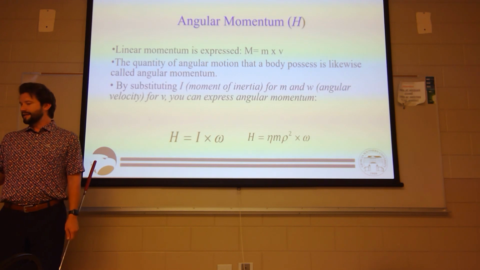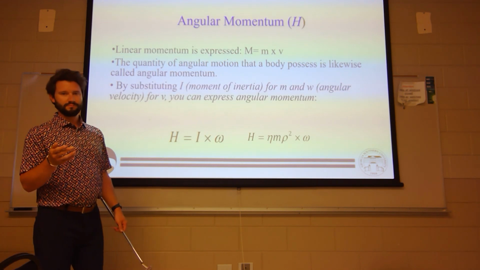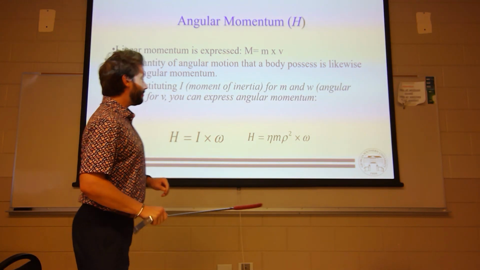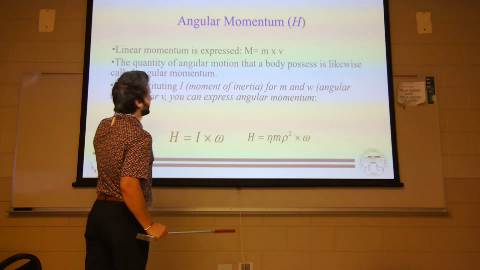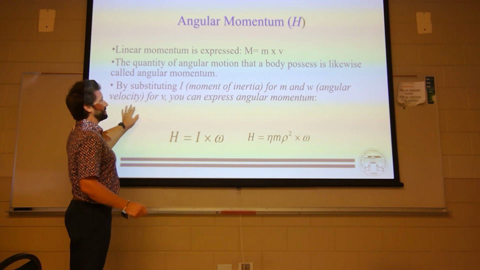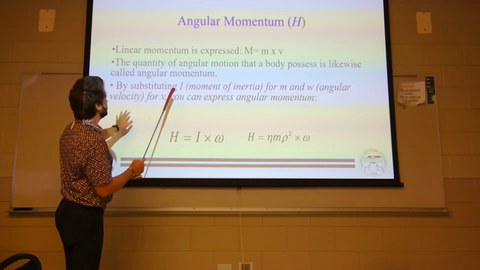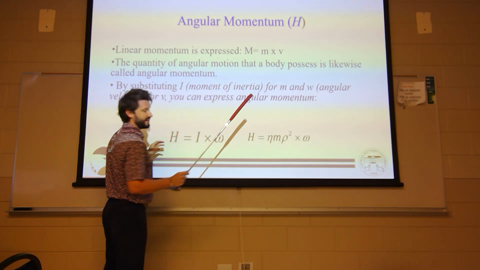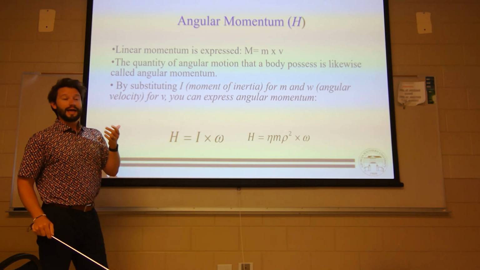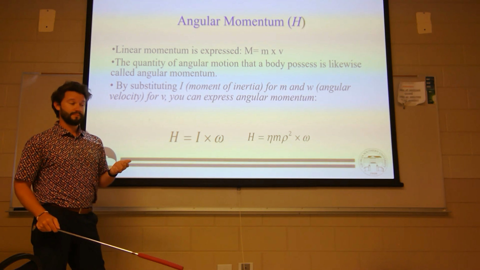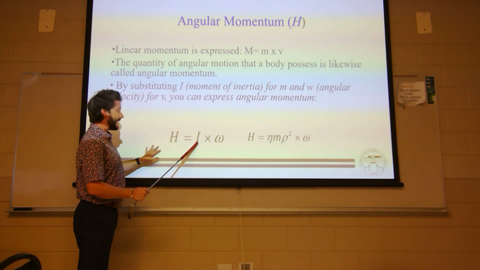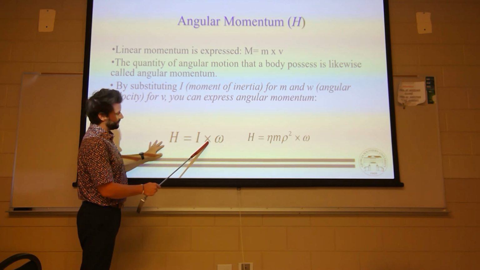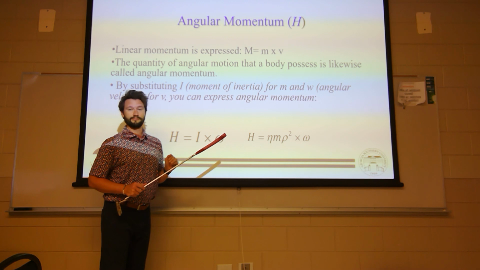Now, we introduced in the last PowerPoint momentum, specifically then linear momentum. Now we are introducing angular momentum. So angular momentum is represented by a capital H. Remember that linear momentum, again, was mass and velocity of an object. Angular momentum, quantified, is I, moment of inertia that we've just introduced, multiplied by angular velocity.